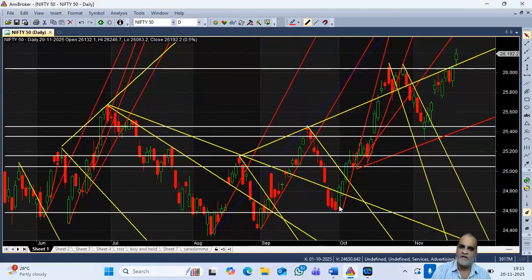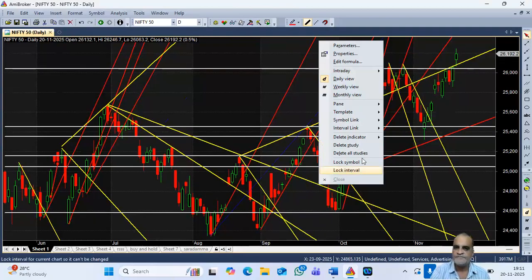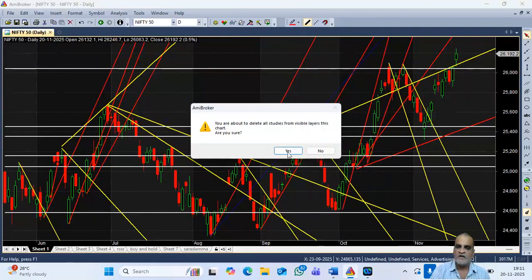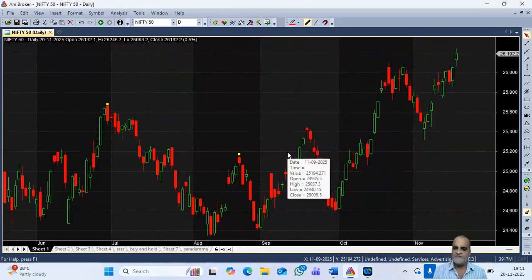Now we move on to the next topic. Let me clear all these things. Now everything has been cleared. As per Gann, this is a daily chart. Types of charts: charts are, depending on periodicity, majorly of four types: daily, weekly, monthly, and yearly.